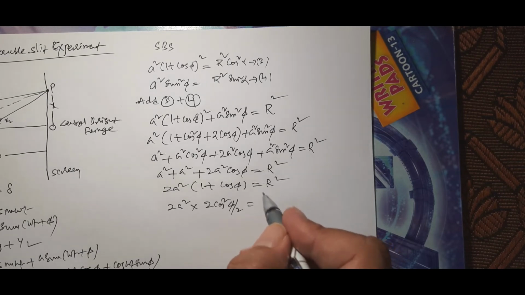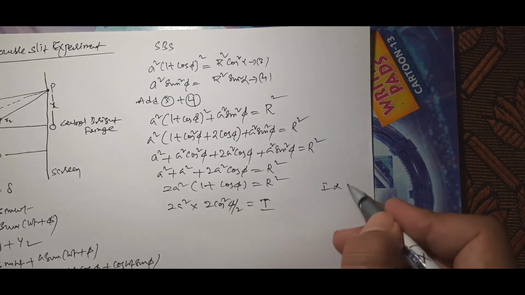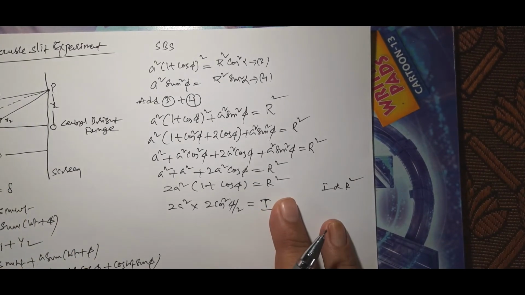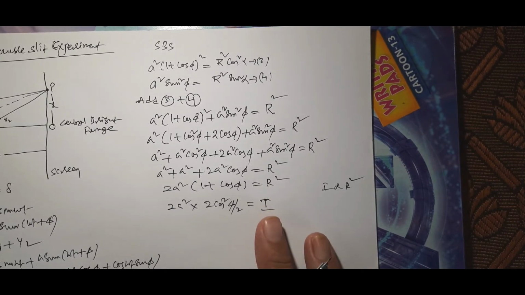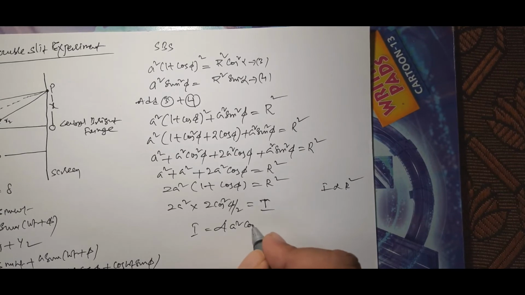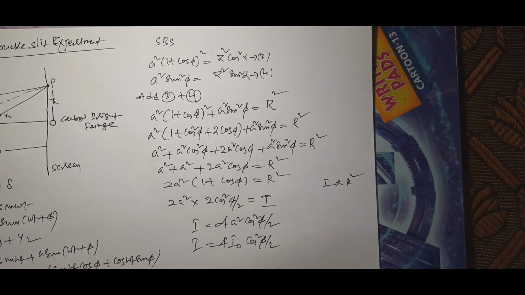This is the square of the resultant amplitude, which is nothing but the intensity of light. That means I is proportional to R². So the resultant intensity I = 4a² cos²(φ/2), so I = 4 I₀ cos²(φ/2), where a² is the amplitude squared and I₀ is the initial intensity.